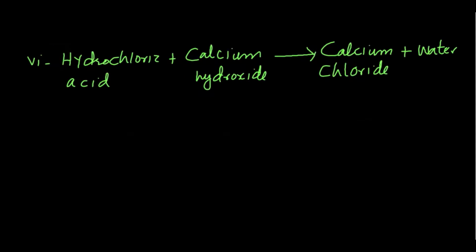Now we will see what next word equation is given. In the next word equation, we have the reaction between hydrochloric acid and calcium hydroxide to form calcium chloride and water. Now we will write the balanced equation for this word reaction. Hydrochloric acid, HCl, calcium hydroxide, Ca(OH)2.